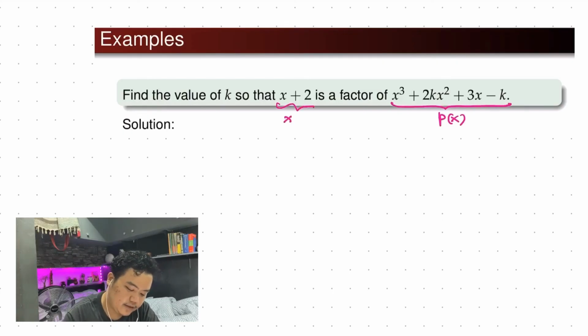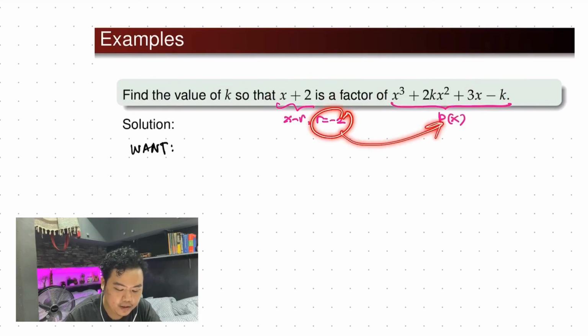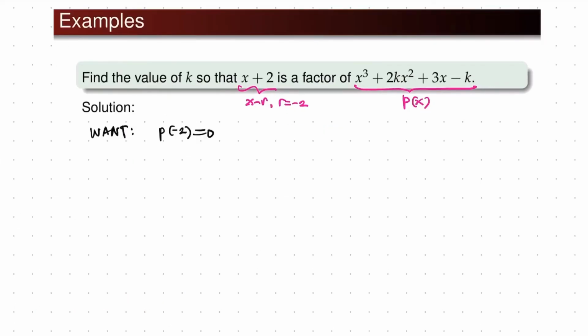Ito yung x minus r natin, so r is negative 2. And what do you want to happen is, this is a factor of this, meaning when you plug in r in your polynomial, you get 0.